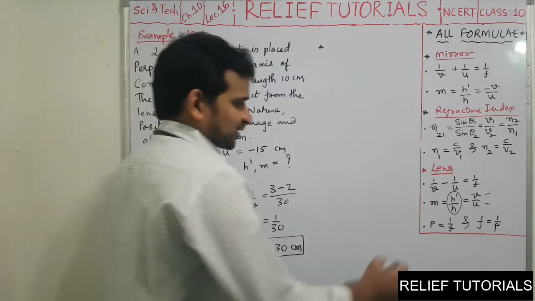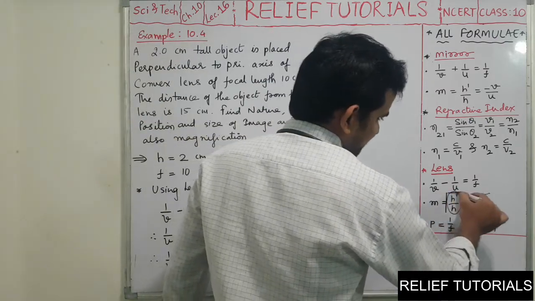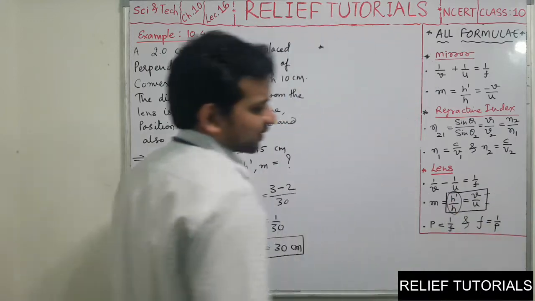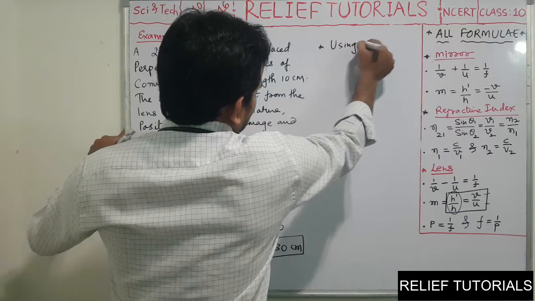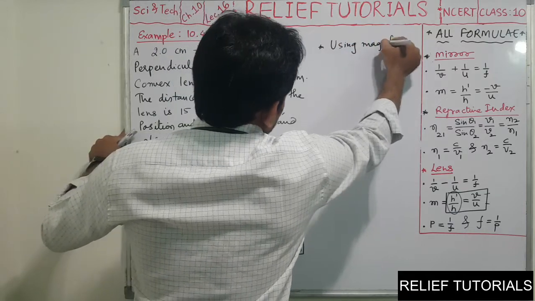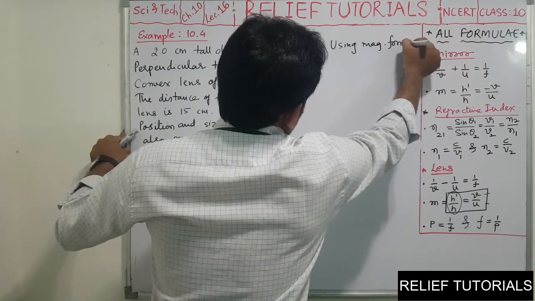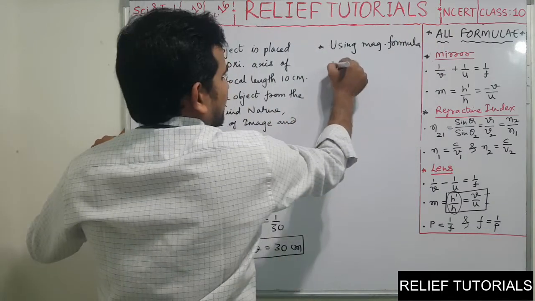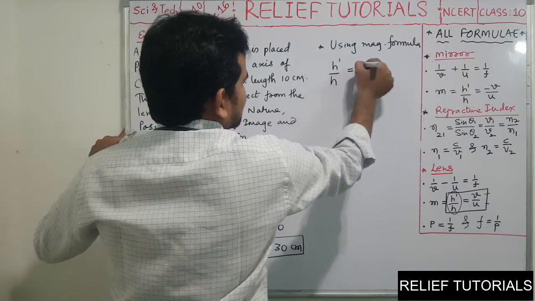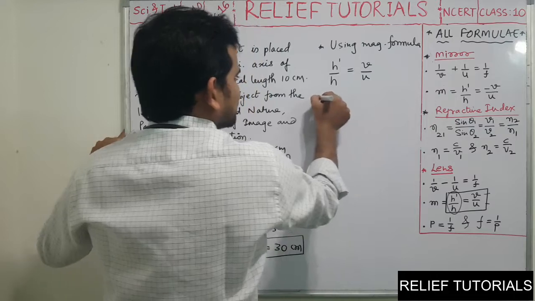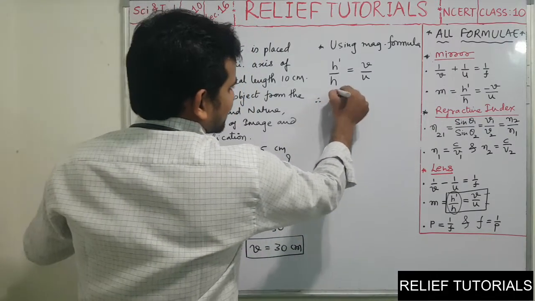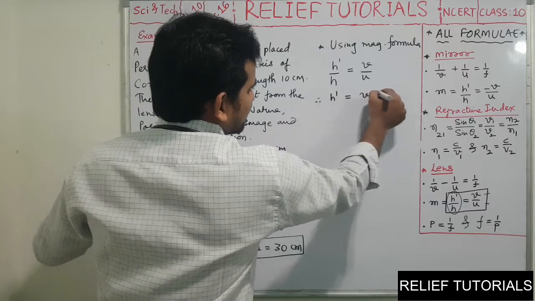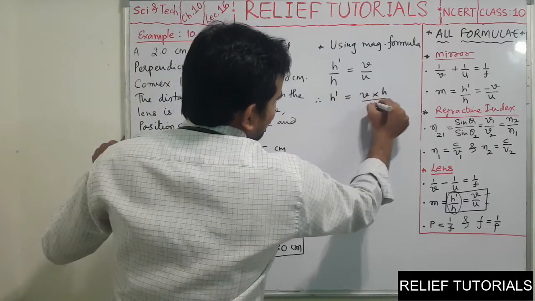So using the relation h dash by h is equal to v by u from the magnification formula, h dash by h is equal to v by u. Therefore put the values. h dash is missing here, so h dash is equal to v into h by u.